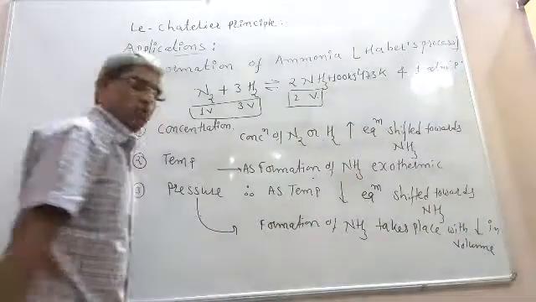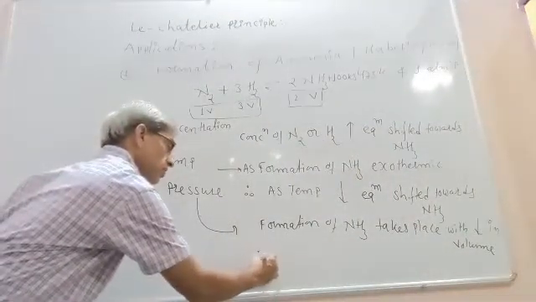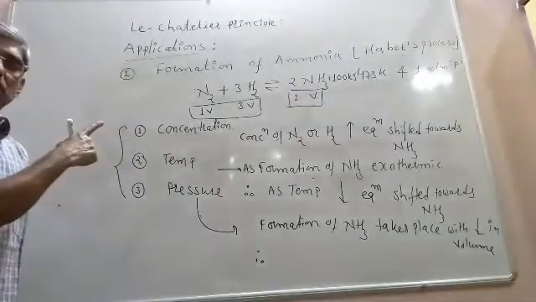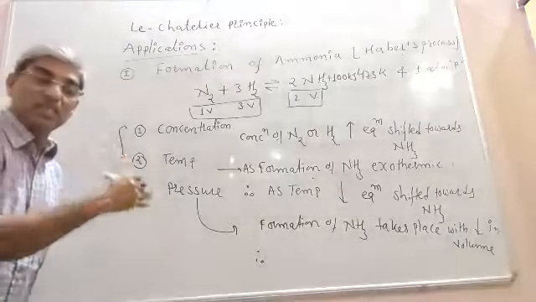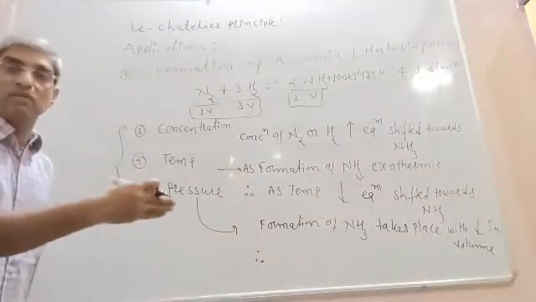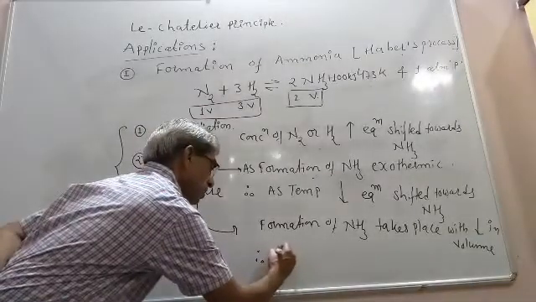The downward arrow indicates decrease in volume. Therefore, do we have to increase or decrease the pressure? Increase the pressure, because an increase in pressure will shift the equilibrium toward the direction where volume decreases.